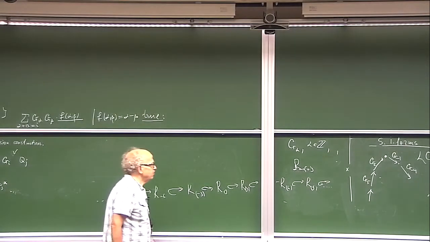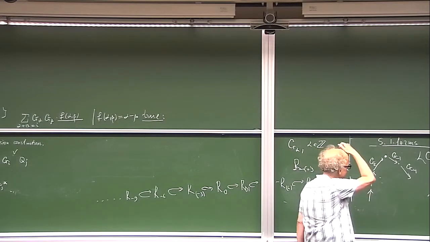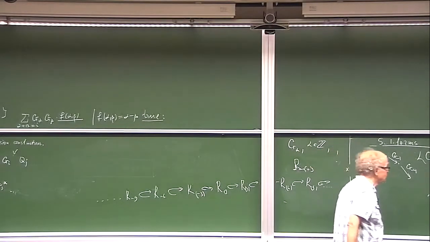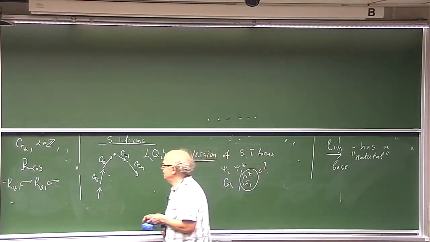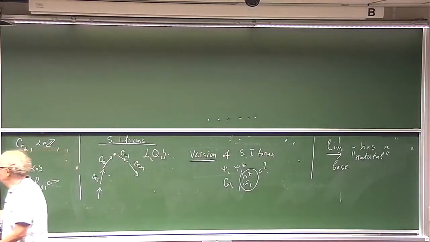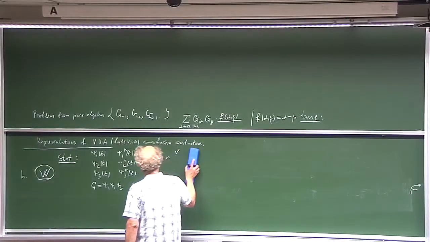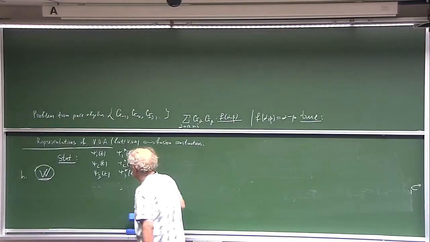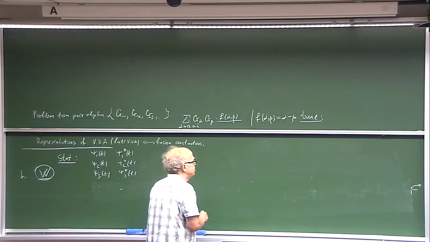Anyway, this is our story, and now I want to say a little bit more, but first let me discuss the question of the connection of this kind of construction with the fusion construction.